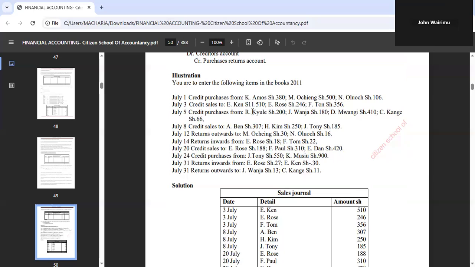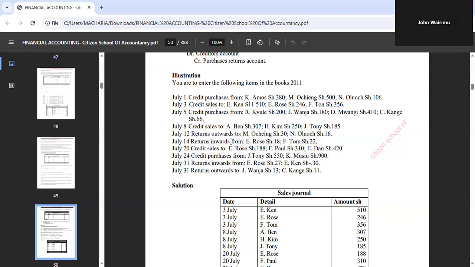Credit purchases, this one will go to purchases journal. Credit sales, you have 307 as the next item in here. And then you have 250, the next item we have here, and 185, the next item we have here. Return inwards will go to return inwards journal. No, return outwards will go to return outwards journal.